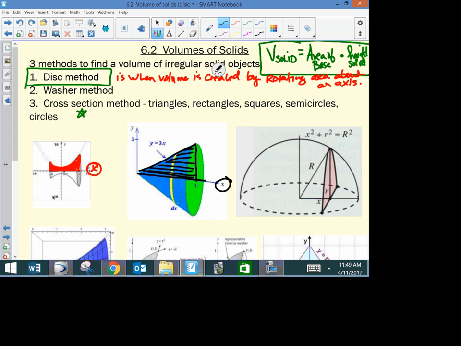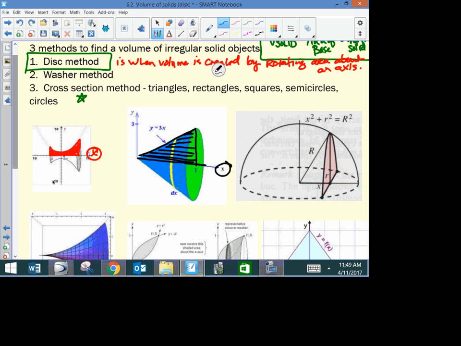Oh, the values, they're flat, you rotate them around, and you now have a solid. It's that kind of deal. I have some around here also. Okay. This is different because this is not created by rotation, so we'll skip that one.